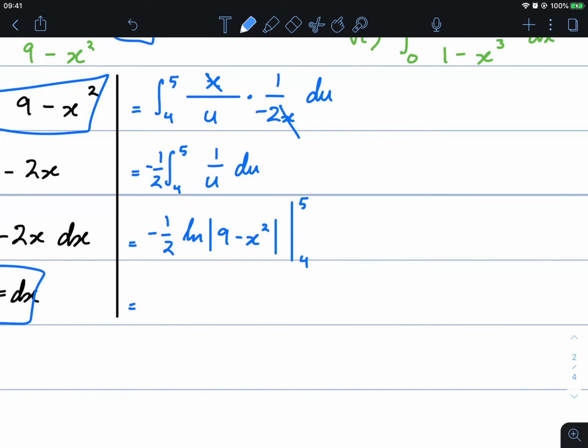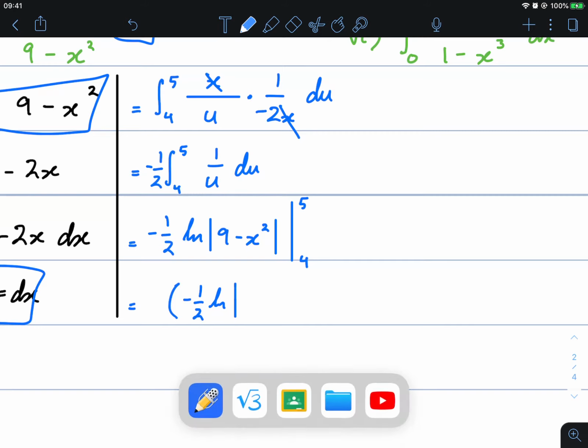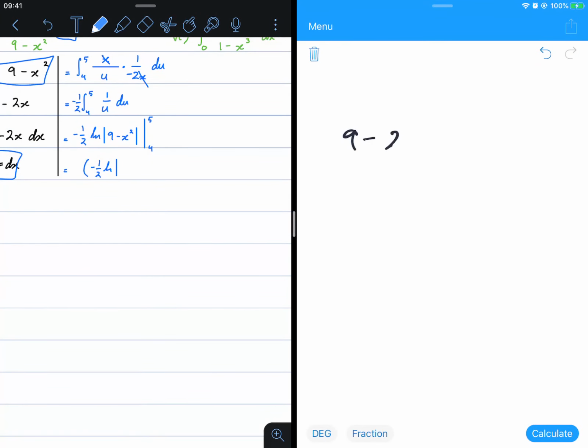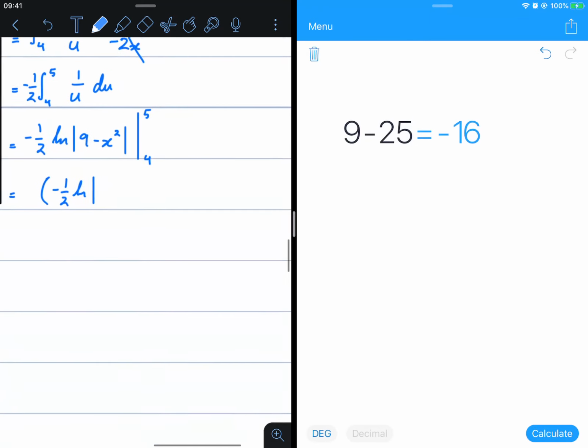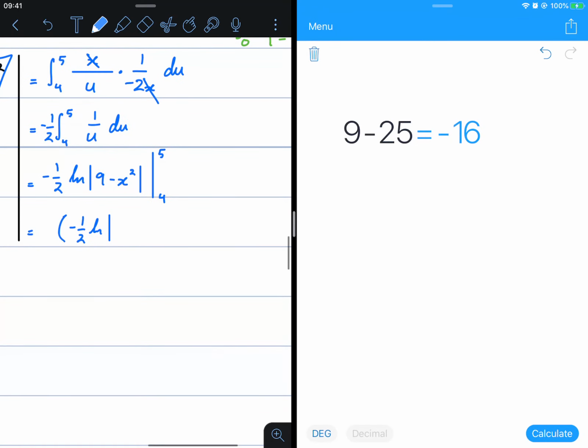Substituting 5 first, that's going to be negative half ln absolute value of 9 take away 25. Let's just do this here. 9 take away 25, that's absolute value of 16, so absolute value of negative 16.